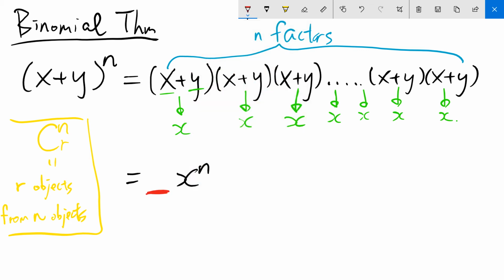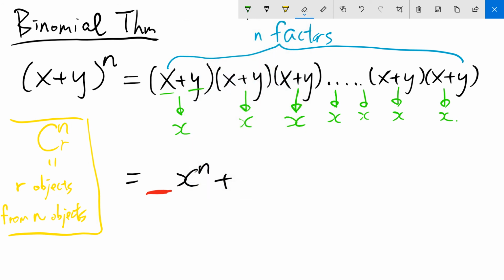So now you have to think about how many combinations there are. Here it's obvious that there is only one combination for x to power n, because there's only one way to choose n x's out of n factors, right? So we can try another example.